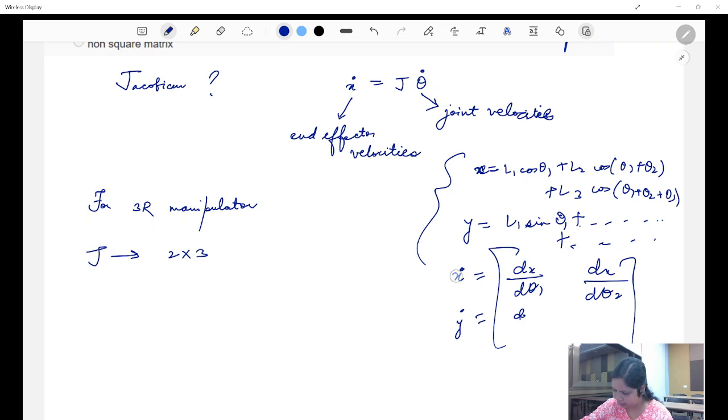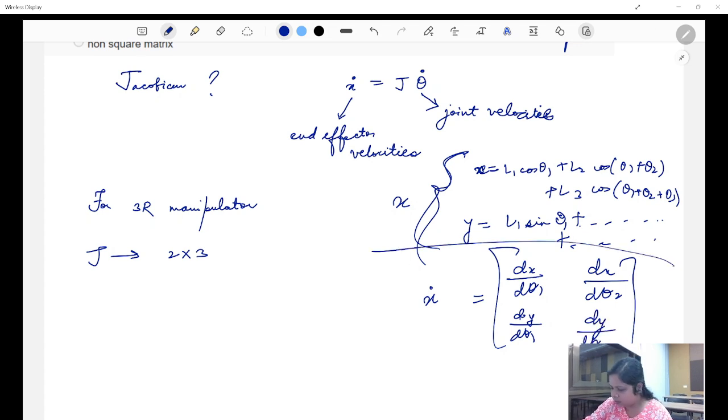Let's say this complete thing is x. This complete thing is x. It is written in a very squeezed manner. Dy by d theta 1, dy by d theta 2, right? So it is written in this way.